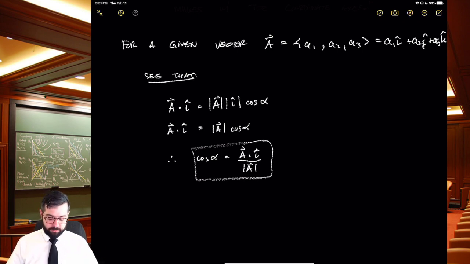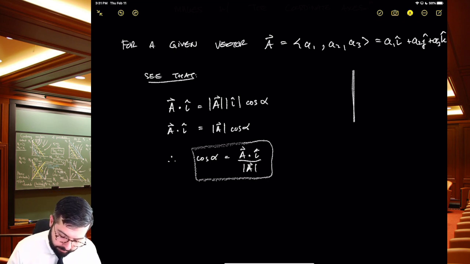And this should make some sense, right? That really you're dotting i with the unit vector in the direction of A. So it's how far in the x direction did it come over? That's the cosine.